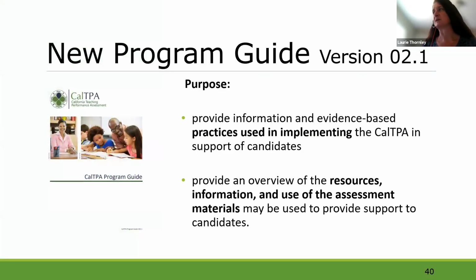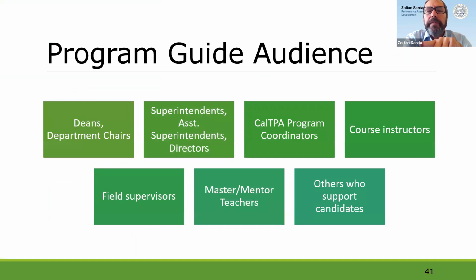Again, if you haven't taken a look at the program guide, I highly encourage you to download and review it, especially those of you who are face-to-face with candidates in your program. Go ahead, Zoltan. If I could add, make sure it's version 2.1.